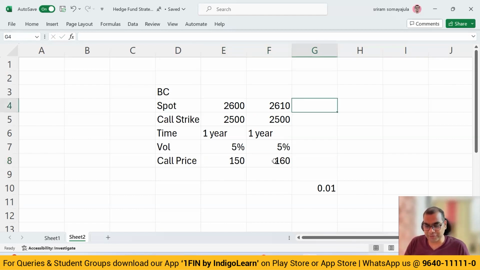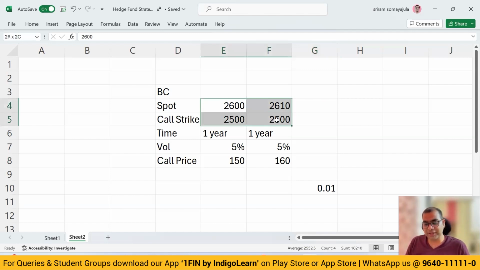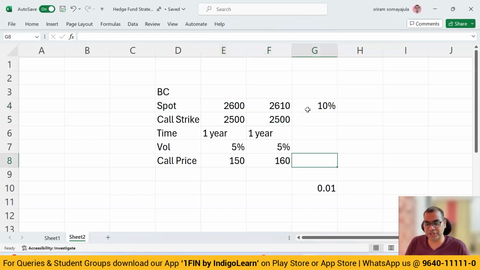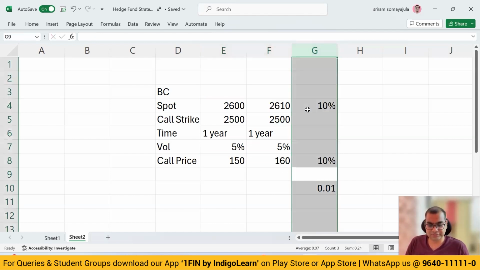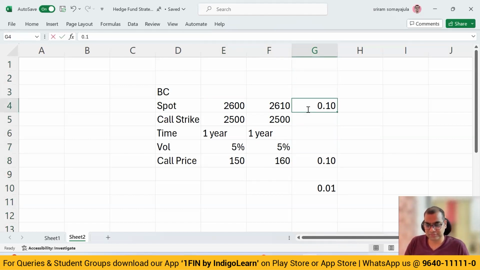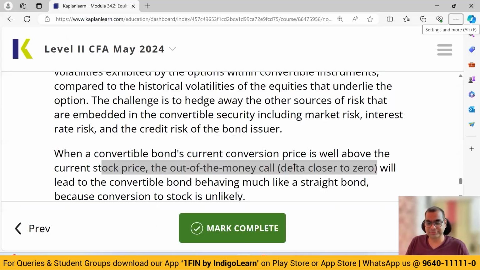So if the option is in the money, because the strike is lower than spot, or at the money, the delta will be very, very close to 1, because this changed by 10 rupees and this also changed by 10 rupees. Out of the money, delta is very close to 0.